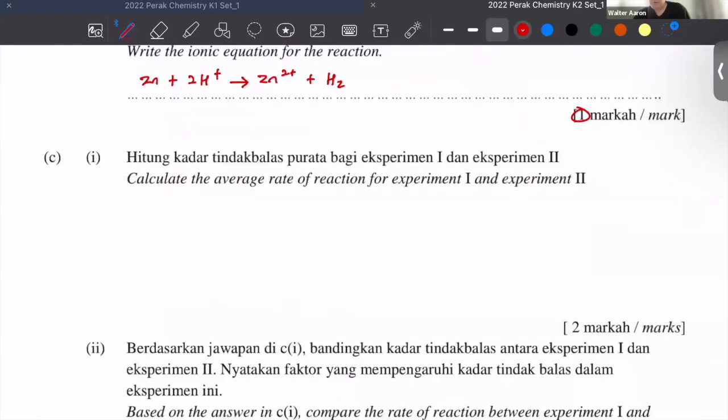For C1, calculate the average rate of reaction for experiment 1 and 2. So average rate of reaction will be total gas collected over total time. I'm going to divide into 2. The first one is for experiment 1.